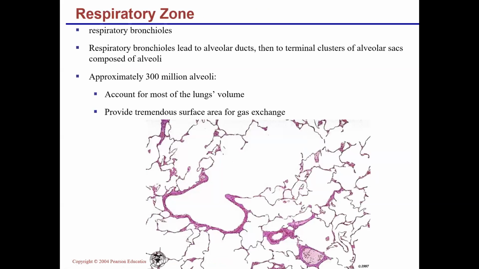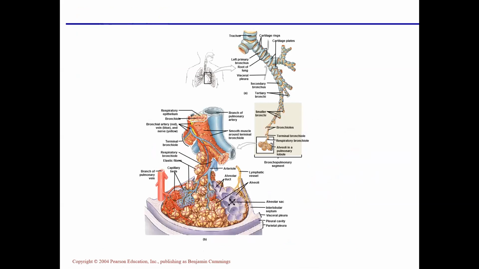Okay, that's another one, a more enlarged respiratory zone structure. When we talk about the respiratory zone, we're talking about the structure in this box right here. If we enlarge this box, we can see it like this. Here you can see on this respiratory bronchiole there are smooth muscle cells around it, which can change the diameter of this tubular structure to control how much air comes in and out.